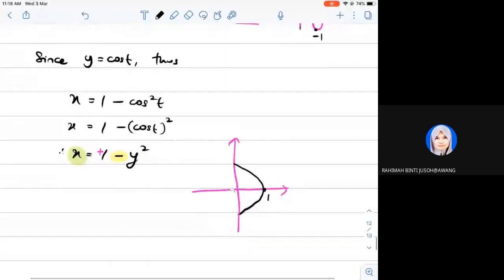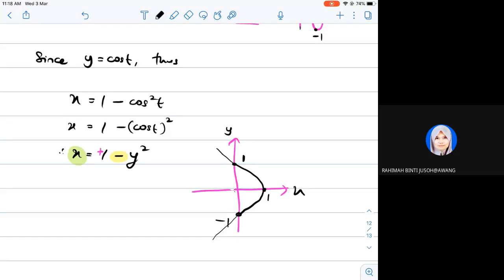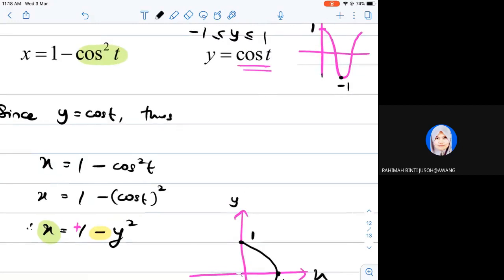So dalam kes ni, okay, y sampai 1, y sampai negatif 1 je. Ni y, ni x. So bermaksud you tak boleh ada lagi jauh. You tak boleh ada lagi tinggi. Tak boleh. Cannot. So saya undo. So dia macam ni je graf dia. Okay. For this, ini yang saya cakap tadi.